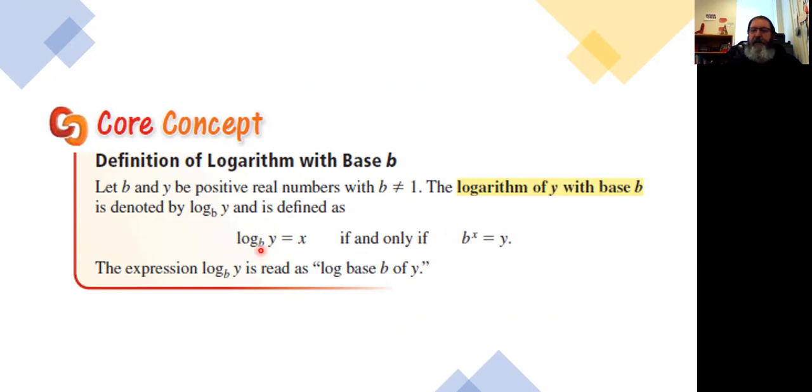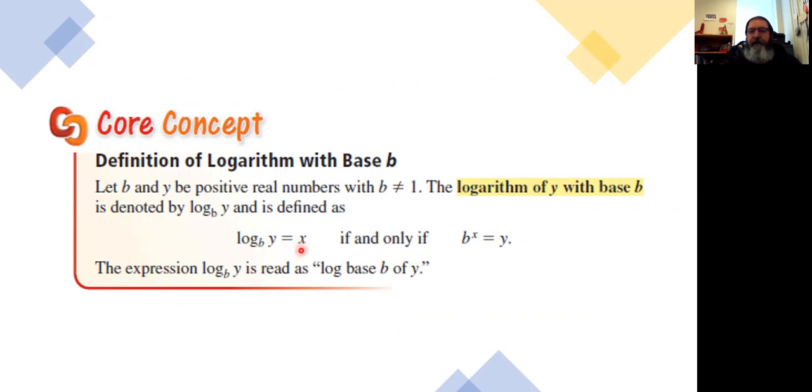And of course, exponential equations have a base and an exponent. Here's that base b right there, there's the exponent right there, and look what it equals. It equals this number right here, this number y. We're going to talk a little bit more about that in a minute. I'm going to show you a very clear way to make this connection.